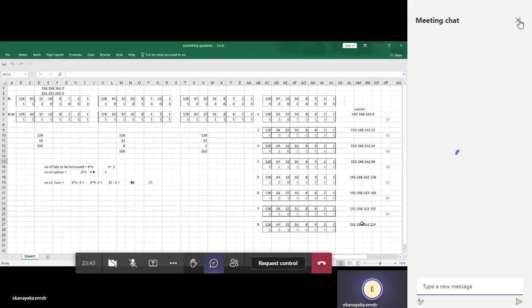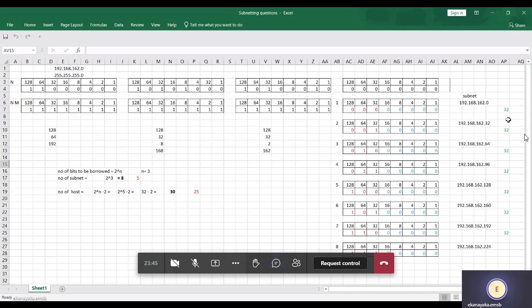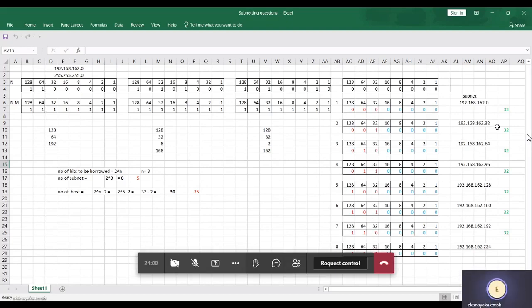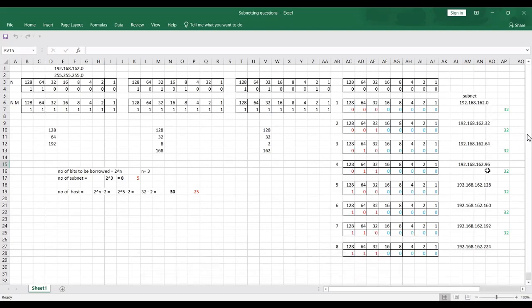So you can see that it has been incremented by 32. Here also 32, here also 32. Why? Because the incremental bit's decimal value is 32. So it is always incrementing by 32, and in the decimal value also it increases by 32. So it is 224.